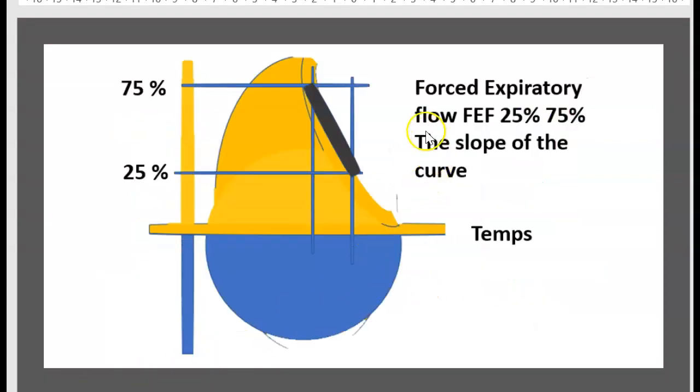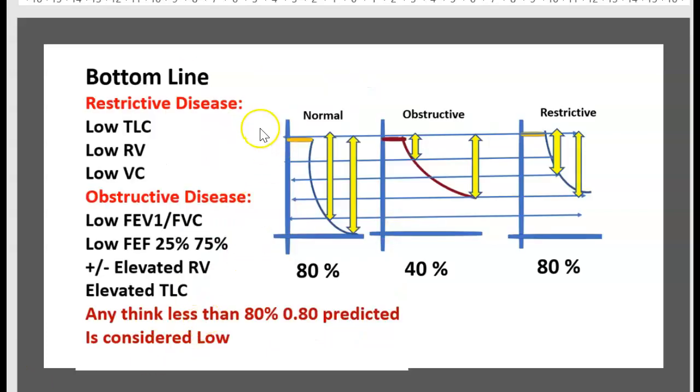We can measure the forced expiratory flow, FEF 25% to 75%, which is the slope of the curve. Bottom line, a restrictive disease: low total lung capacity, low residual volume, low vital capacity.